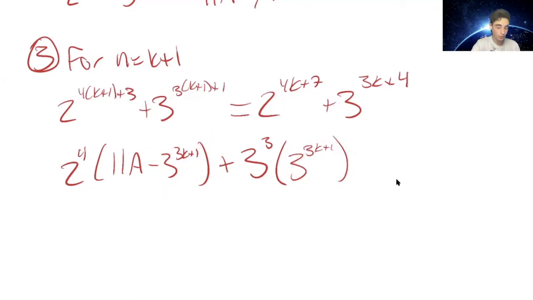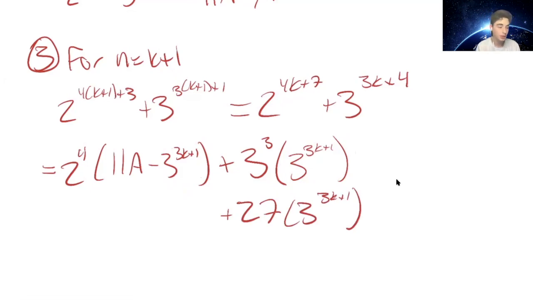Okay, so that's what we have now. So now if we multiply, 3 to the third power is 27 times 3 to the 3k plus 1. And then we could also multiply 2 to the fourth power, which is 16.